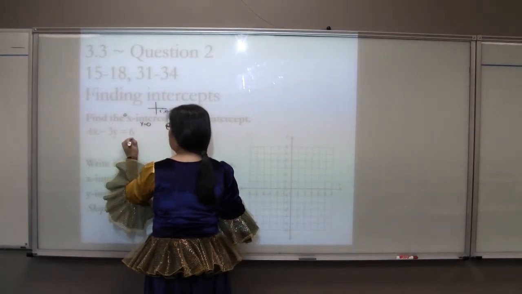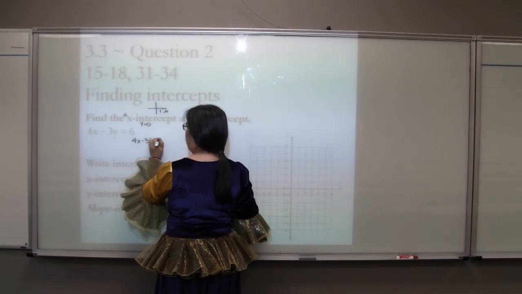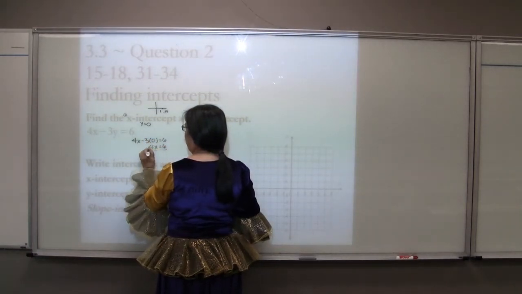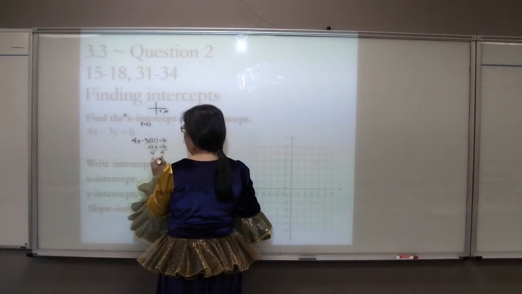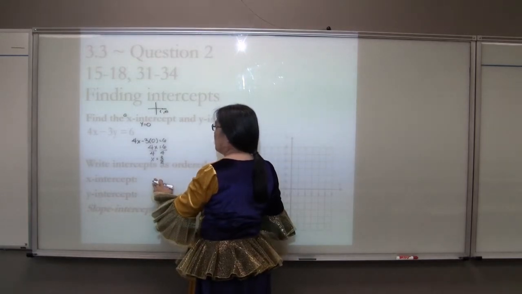So if I take this and make y equal to 0, x is equal to 3/2, and we can write that as an ordered pair.